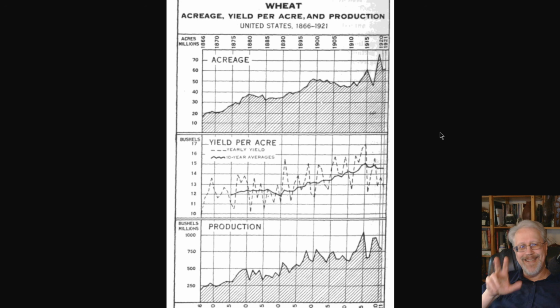This is from the 1921 Agricultural Yearbook from the U.S. Department of Agriculture. We see this is covering 1870 here. We've got 20 million acres under farming. And let's say 1920, 21, after World War I is over, we've got 60 million.